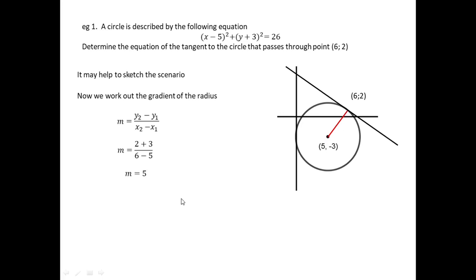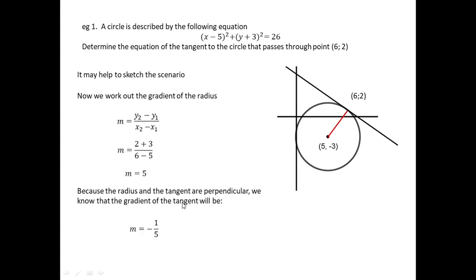Now, we know that if two lines are perpendicular, then the product of their gradients will be -1. So that means the gradient of the tangent must be -1/5, because -1/5 times +5 gives us -1.